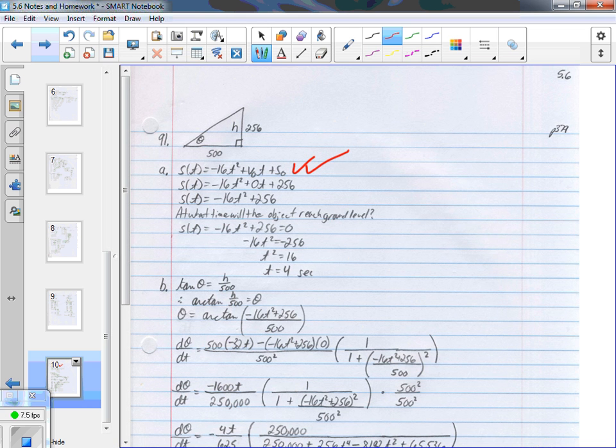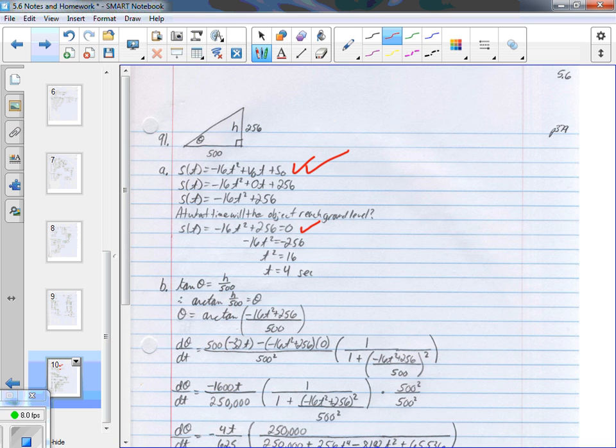Then the question was, at what time will the object reach ground level? Well, what's the position of the object when it hits the ground? It's not 256, it's 0. When it hits the ground, its position is 0. So set the position equal to 0 and solve it for t.